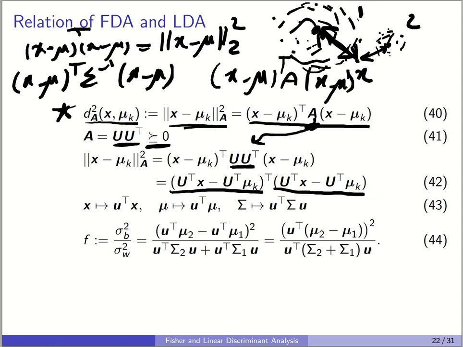It is the Euclidean distance of projected data. So it's like applying Euclidean distance after projection of data by projection matrix U, which is U transpose X. So we can say that the generalized Mahalanobis distance is like applying Euclidean distance after projecting data.